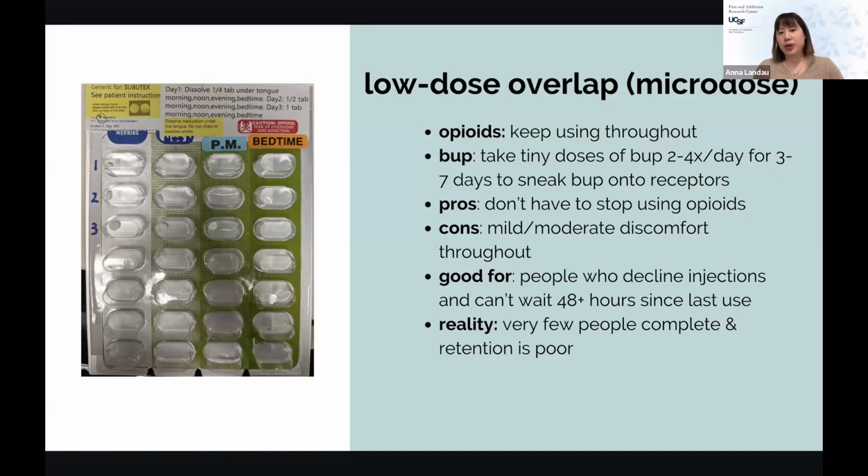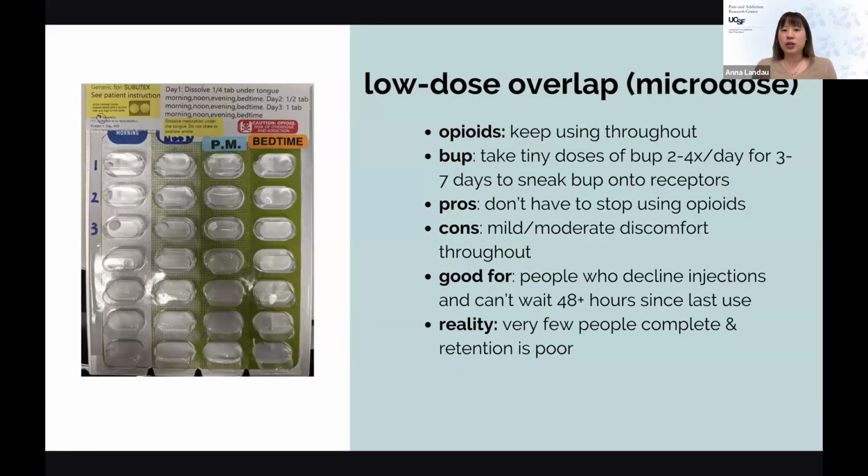The benefit is that they don't have to stop using that opioid, because people may not feel ready to stop using their opioid at the time of starting initiation. I've had patients tell me, I kind of just want to dip my toe in the water, and I'm not yet ready to give up my fentanyl, or I just want to see how buprenorphine feels.